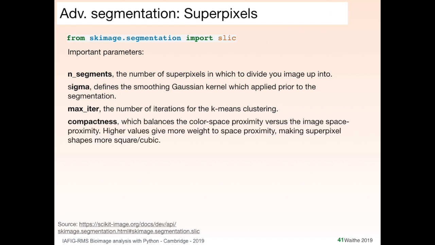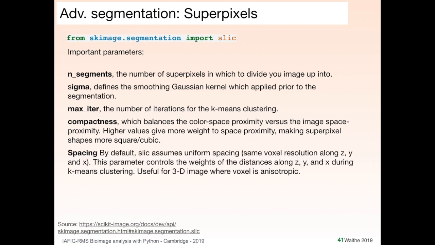And then it has a certain number of iterations in the clustering. And then compactness is a term which balances the weight between the importance of the color, the intensity, and the distance itself. Because these are two different notions, we have to weight them just like Stephen did with his tracking.